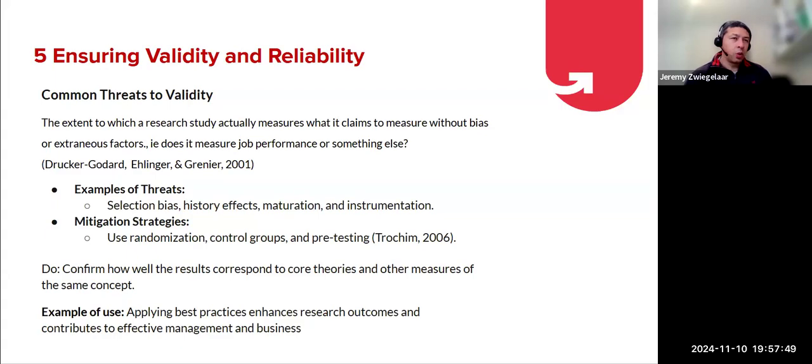Some examples of threats to validity are selection bias, where we selected the wrong people into our sample group and therefore had an effect. History effects, where we might use the same kind of group of people purely because we've done this before. Maturation, and also the instrumentation itself.